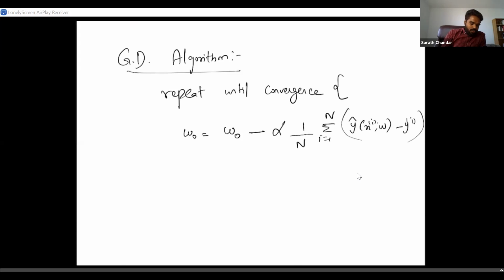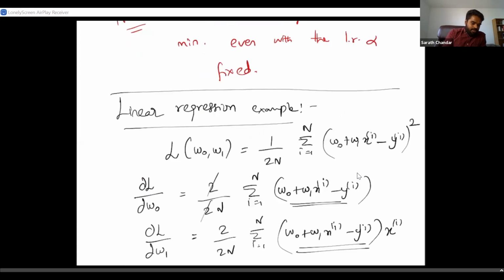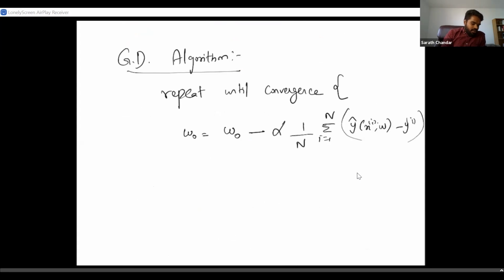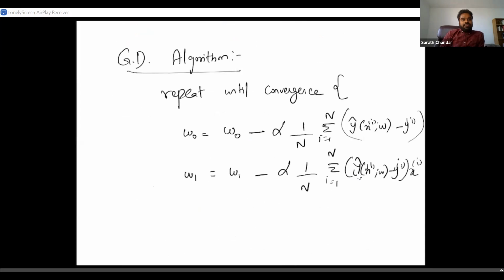So this is exactly what is written here. This part is y hat, and the second one is yi. Then W1 is equal to W1 minus alpha times 1 over n, summation over i equals 1 to n, of y hat of xi given W minus yi, the whole term multiplied by xi.